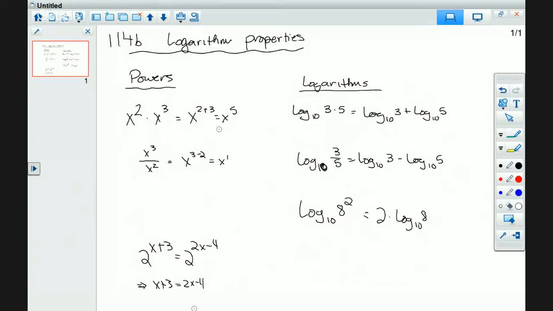If the bases are the same, the exponents have to be the same. That's what we're saying, right? We have a similar property for logs. If the base is the same, everything else has to be the same. If that's true, if they have the same base, we know that these have to be the same as well.